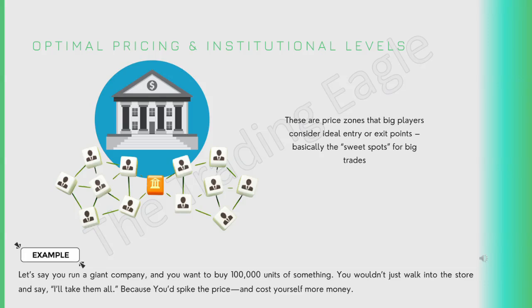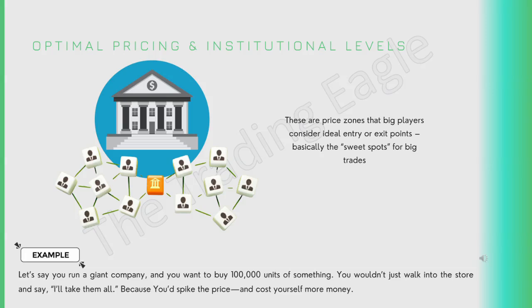Rather, they are carefully chosen levels that let institutions enter or exit with the least disruption. And this is built into the algorithm itself. So when price approaches one of these areas that we have covered in this video, you should pay attention. You might be witnessing a large position loading or unloading.